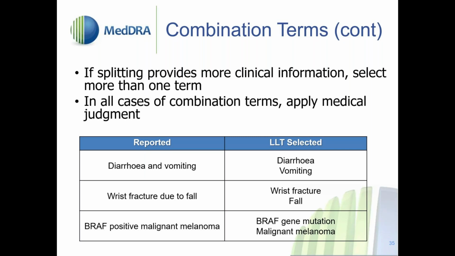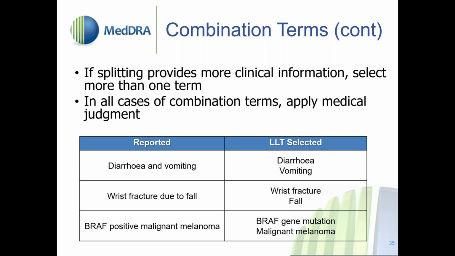The BRAF positive malignant melanoma, that's the same approach, because in the field of oncology, there may be situations in which it's important to capture information not only for the tumor type, but also for any associated genetic marker or abnormality because of the implications for etiology, prognosis, or treatment.